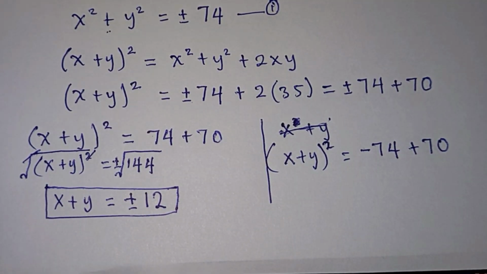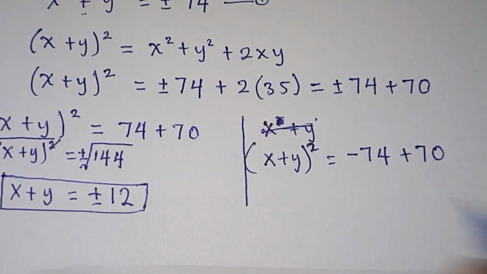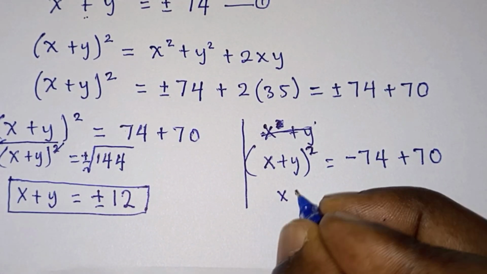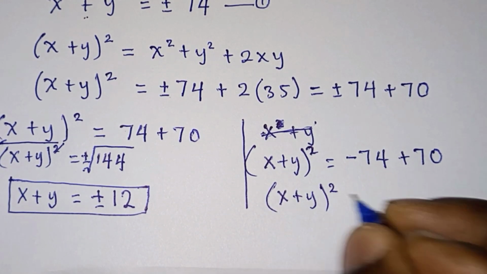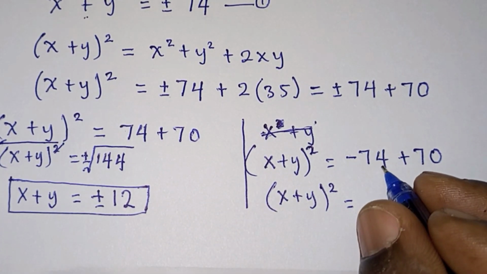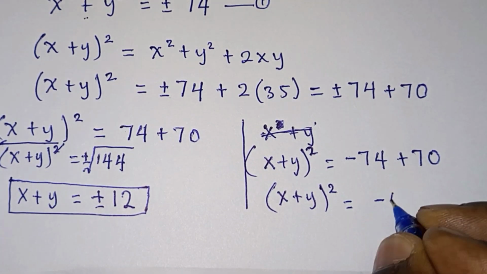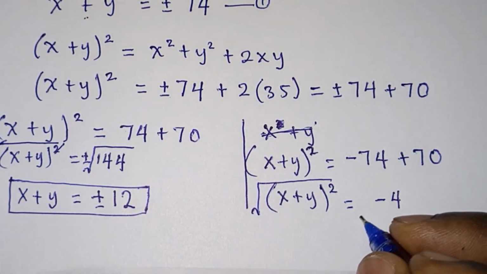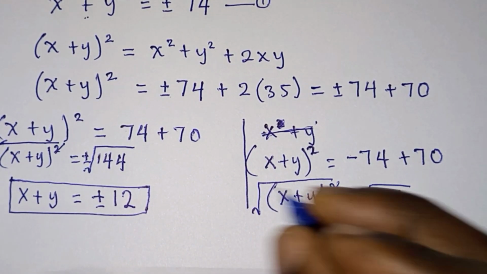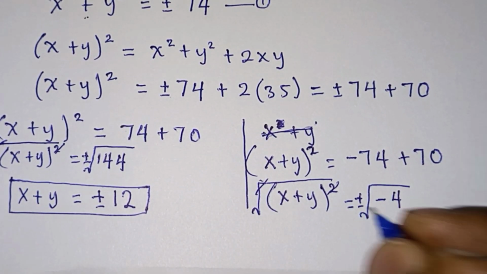Now let's consider the second equation over here. From here, we're going to be getting x plus y all squared is equal to negative 74 plus 70, that is negative 4. We take the square root on each side. This and this will go, we have plus or minus here.